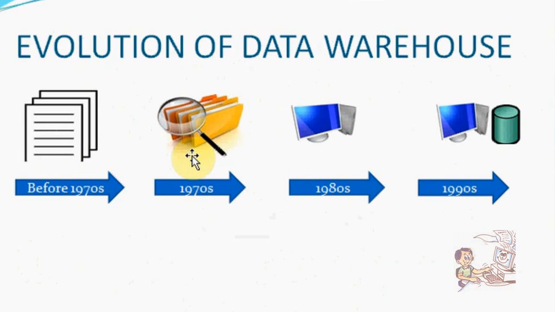What are the customers? What are the products they are taking? What are the products we are purchasing? Daily wise, everything we needed to write on paper. Then in the 1980s the database was introduced, but in the 1990s we completely found the data warehouse. Okay, this is the evolution.